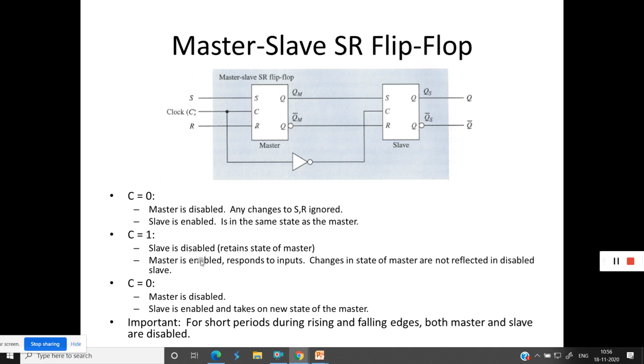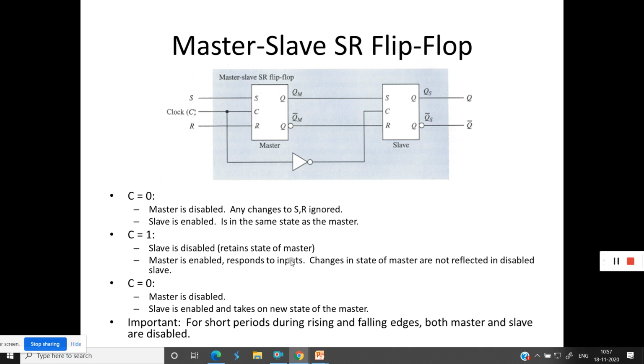Now C is 1, the master is enabled and responds to the input. Whenever C is 1, changes in S and R reflect on the output of the master. Immediately it will change on the QM output. So whenever C is 1, the slave is disabled and the master is enabled.